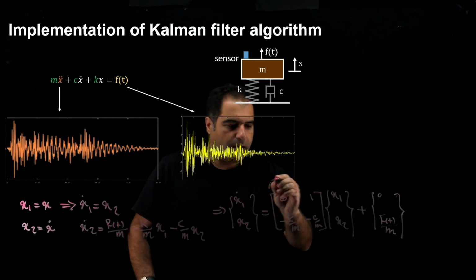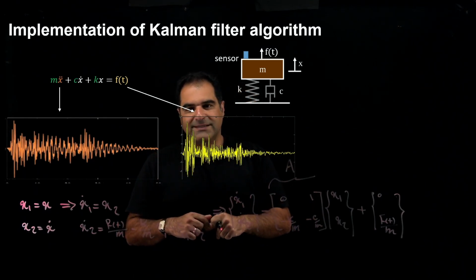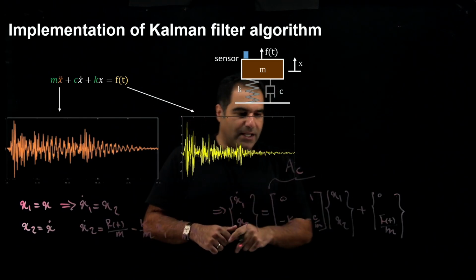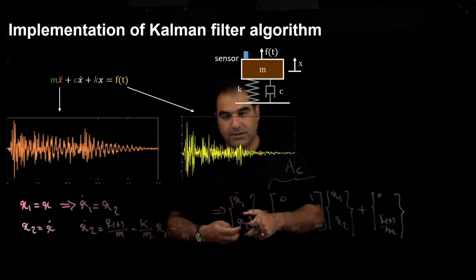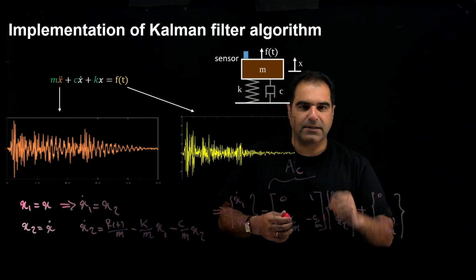This is my A matrix I talked about in the previous video, which is the A in the continuous domain, and this is the standard form of the state space model, and this is my excitation.